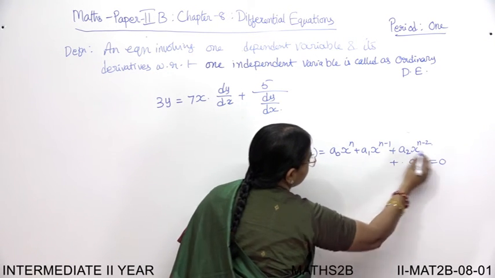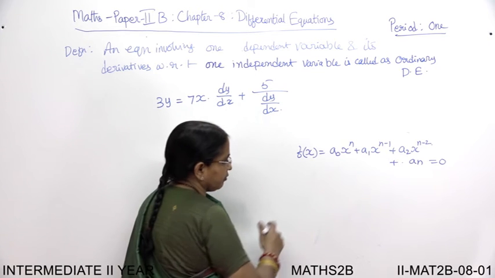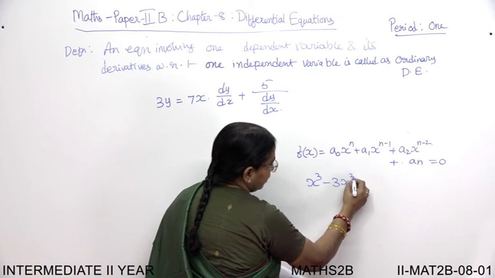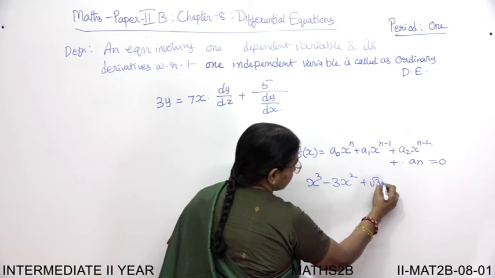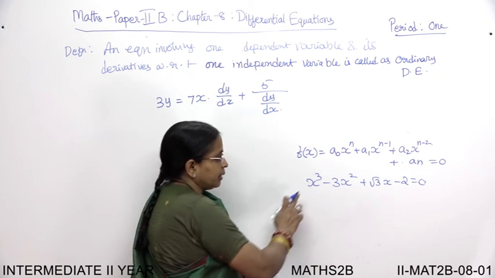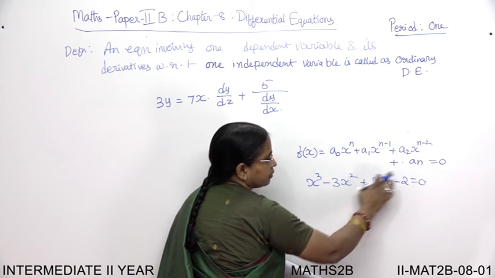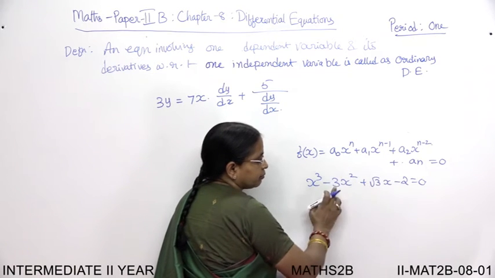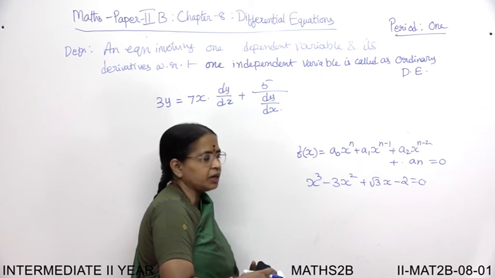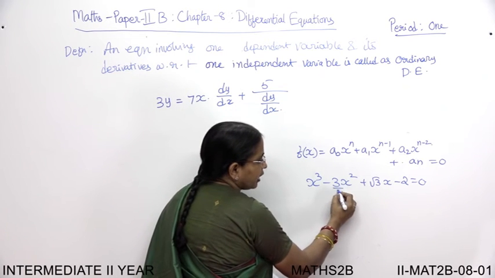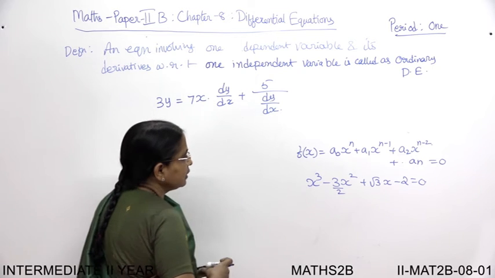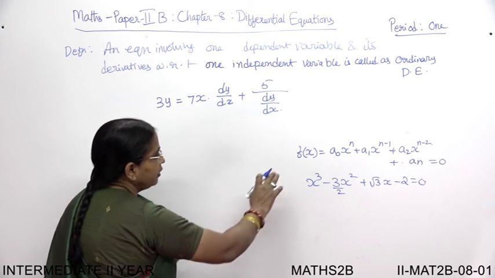When you write it equal to 0, it is a polynomial equation. Like x cube minus 3x square plus root 3x minus 2 is equal to 0. The powers of the variable should be natural numbers, but the coefficients can be irrational numbers or any number. You cannot have fractional powers for the variable.